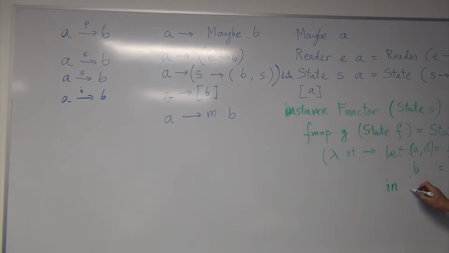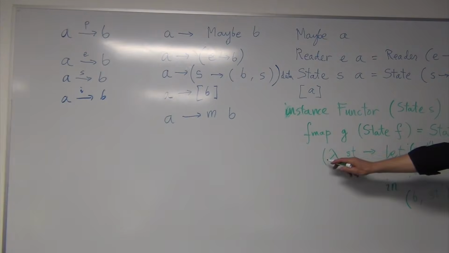And we want to return a pair B and ST prime, the modified state. F modified the state, and we want this modified state. And I probably have to close this parenthesis.